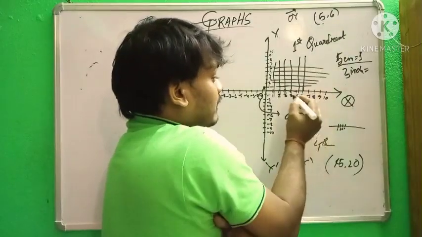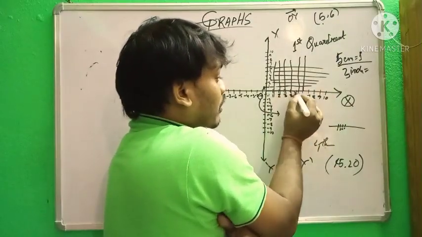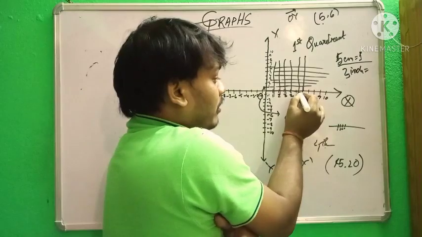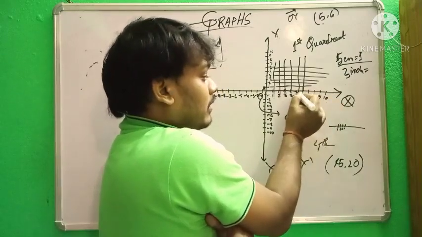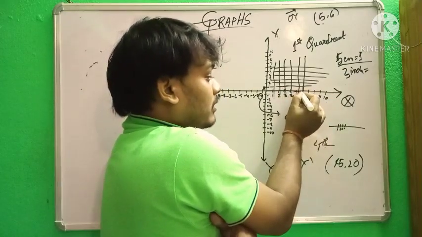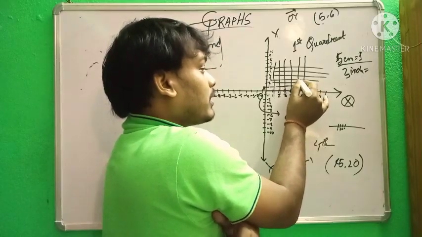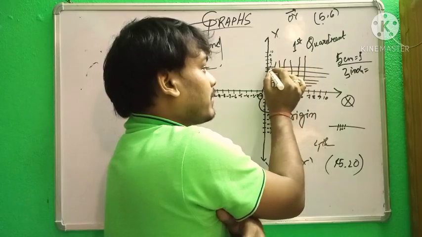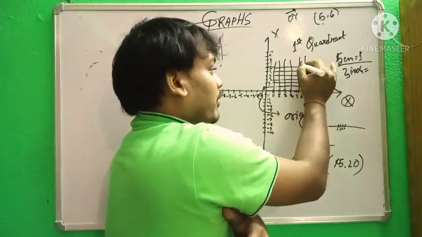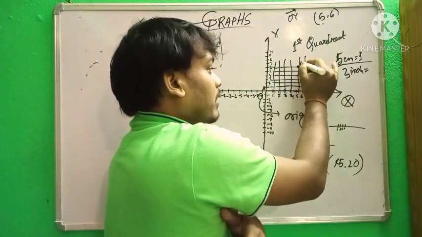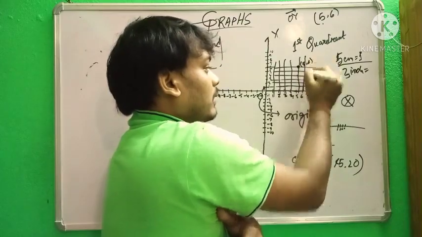So 5 comma 6: first we go 5 units on the positive direction of the x axis, then 6, 1 2 3 4 5 6. So it is the point 5 comma 6.